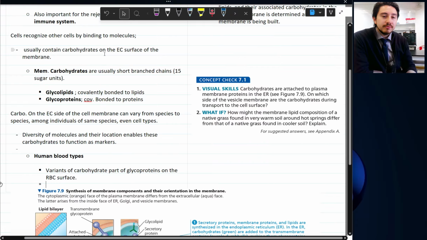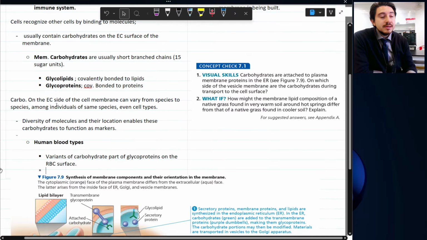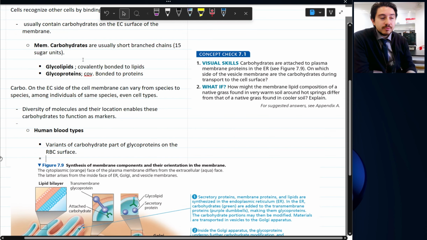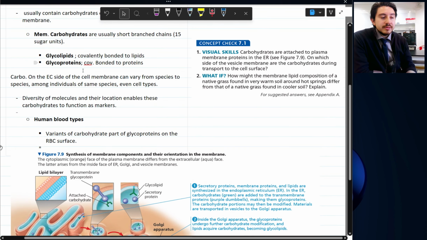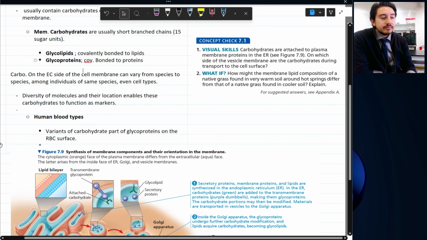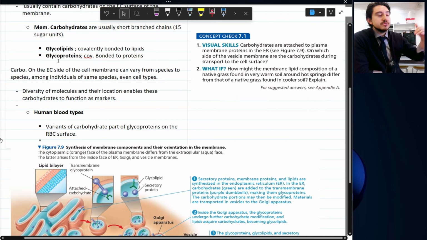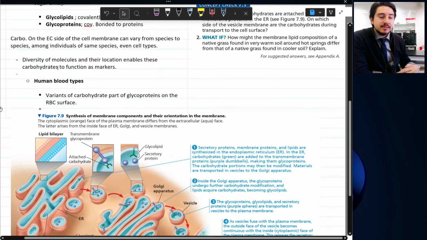We've talked more about glycoproteins, but you could also have glycolipids, where the carbohydrates are bonded to lipids, or bonded to proteins. These carbohydrates on the extracellular side of the cell membrane can vary from species to species, and can vary between cells within the same organism, right? So there's a lot of variety in terms of recognizing and ID tagging.